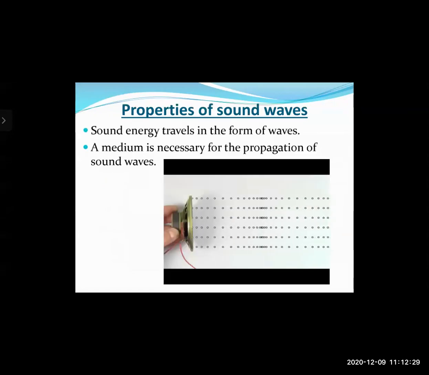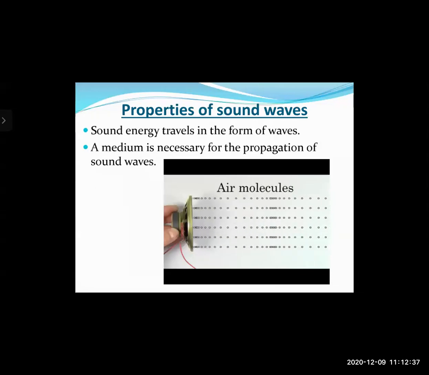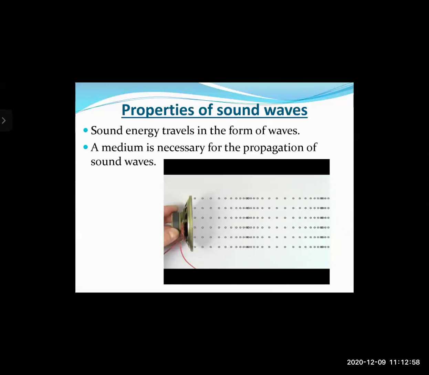Next, we saw the properties of sound waves. As I told you, sound travels in the form of waves, and a medium is necessary for the propagation of sound waves. When the face of a speaker vibrates back and forth, it causes the air molecules in contact with it to also vibrate along with it. The vibrations of the air molecules are transferred from one to the other and the wave is set in motion.